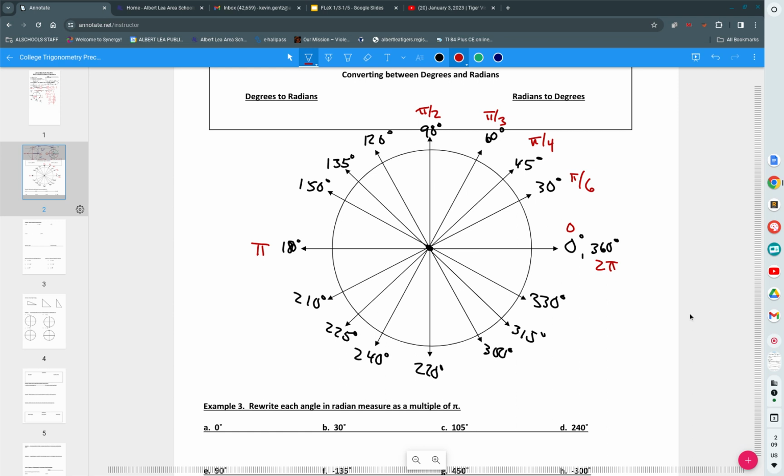So it's 2 pi over 3. Let's go to 150. Which one divides evenly into 150? 30. How many times does it go in? 5. So it's 5 of the pi over 6s.